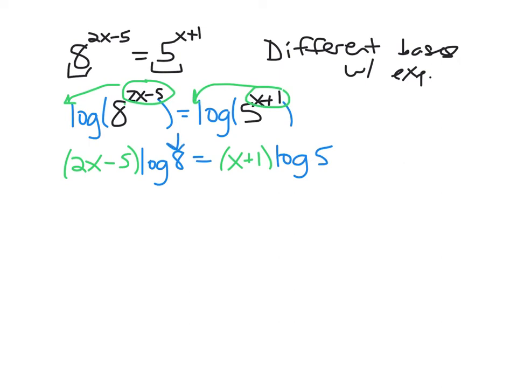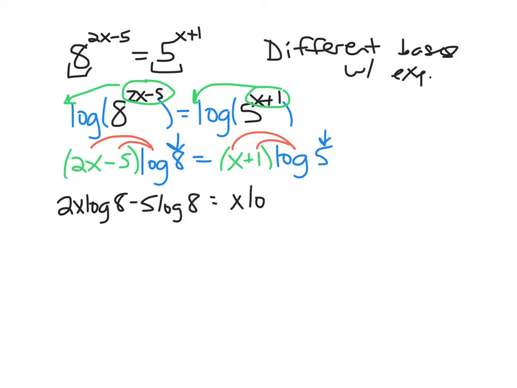And the 8 and the 5 are my argument. They're not my base. My base on these is 10. Now we're going to distribute the log on both sides. So I get 2x log 8 minus 5 log 8 equals x log 5 plus log 5.